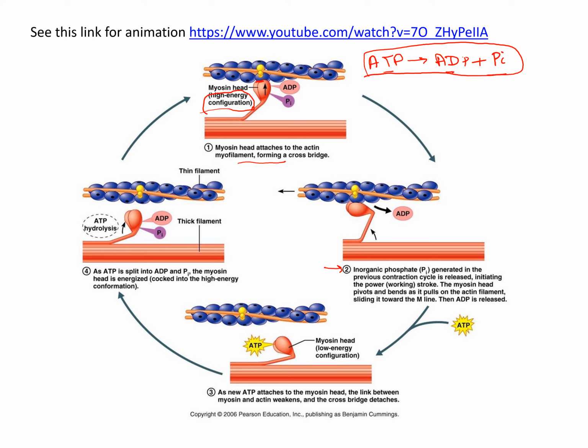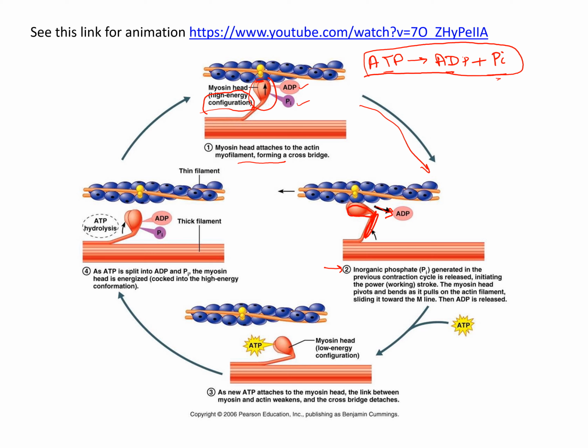The next step is where the actual work of pulling happens. So let's go back to the first step. In the first step, ATP has broken down to ADP and phosphate, but they are still attached to the myosin head. As the myofilaments move into the next step of the cross-bridge cycle, ADP and phosphate are released, and this release causes a change in the conformation of the myosin head.